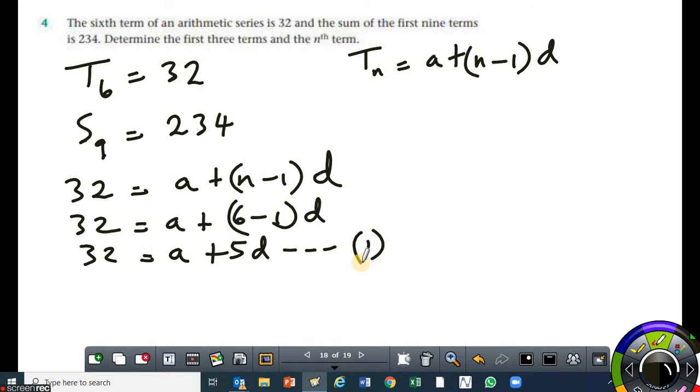If you look at the question, we don't have a first term, we don't have a common difference. So we have to determine both of them.